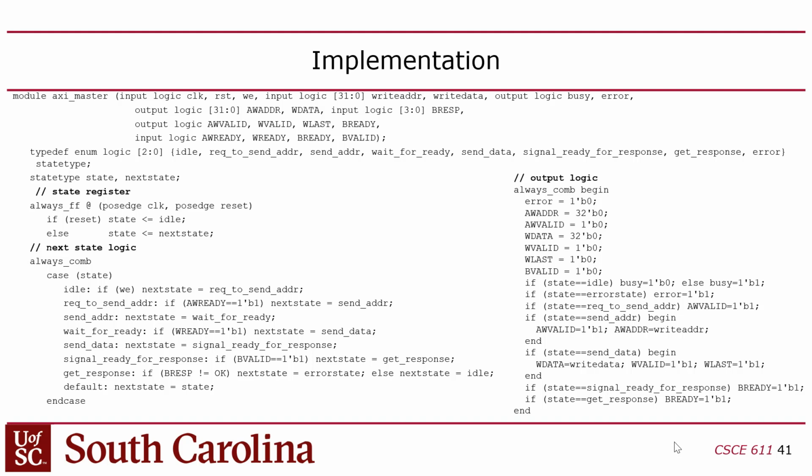And then the output logic is using a Moore style machine, I think. Yeah, it's Moore style because all of the if statements in here are only looking at the state, not the inputs, right? So the outputs are driven as a function just of what state I am in. Make sense?